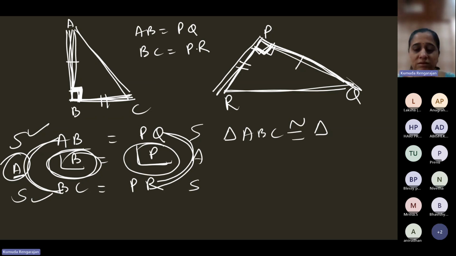No, some of you are answering, but it's not clear. Now, what changes? A is equal to Q and B is equal to P. No, I was telling you one particular way, right? Ma'am, AC is equal to QR. What are you talking about?